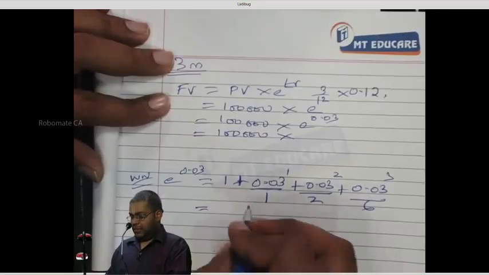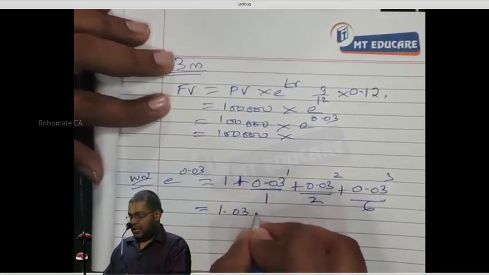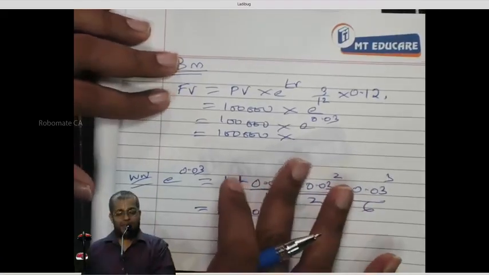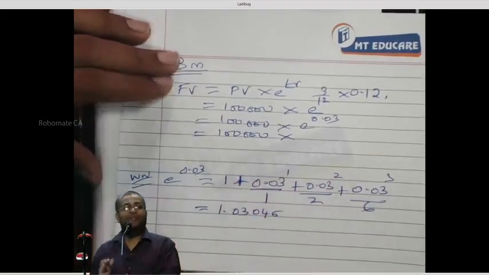Can you simplify and tell me the number here? 1.03045.